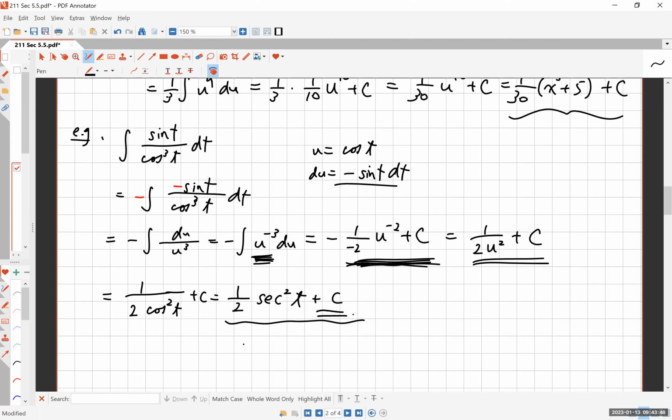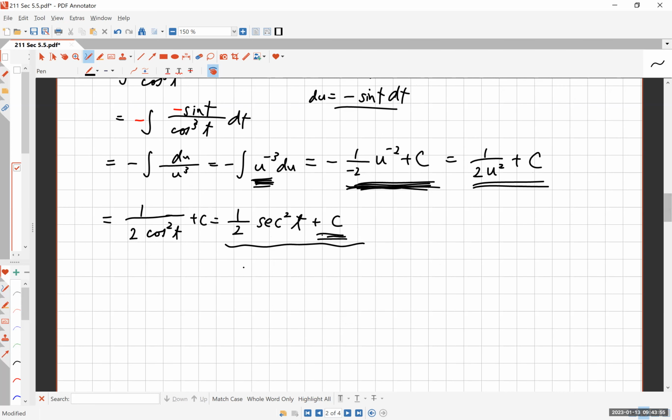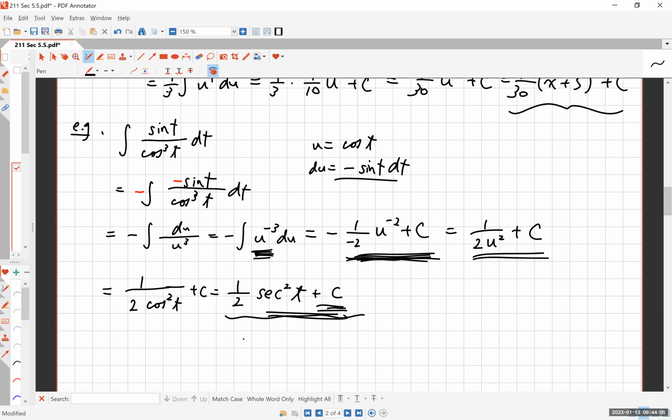If I forget plus c for every single problem, and if I have 5 problems, that would be minus 5 points. Don't do that. So it's 1/2 times secant square t plus c. That's kind of surprising, because you would not have expected this to be the antiderivative of sine t over cosine cubed. But that is correct.